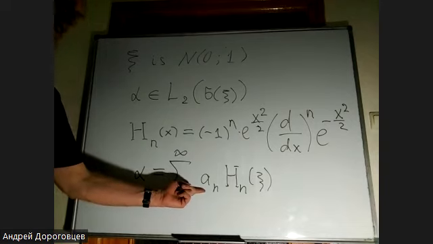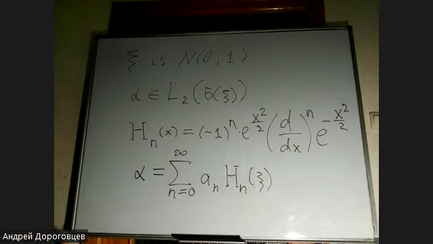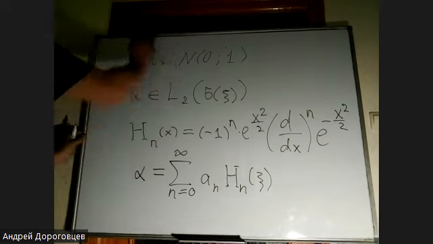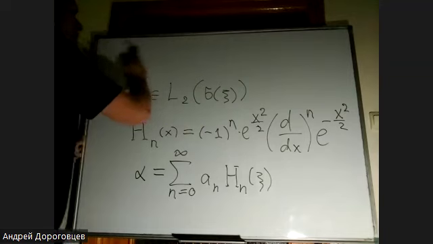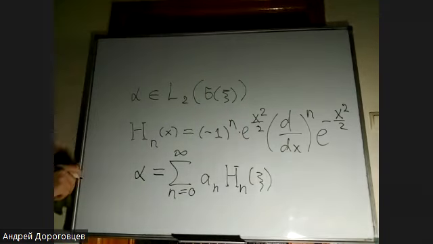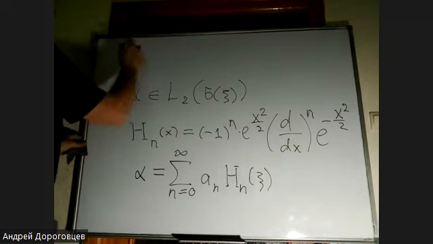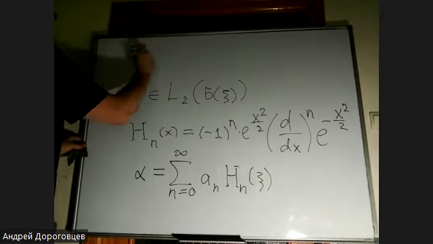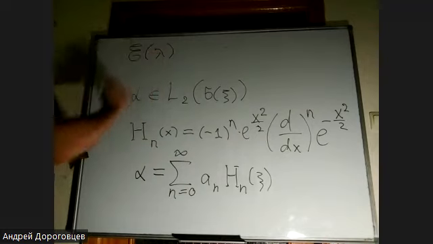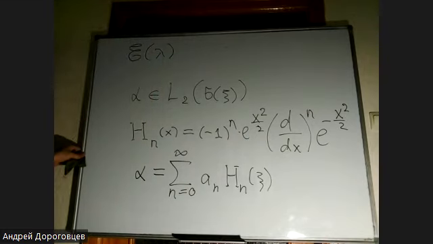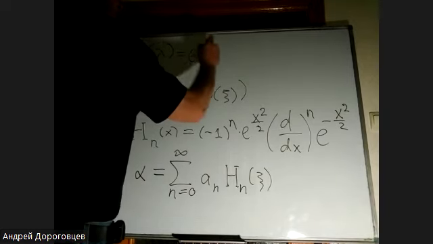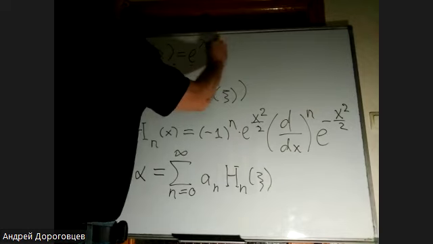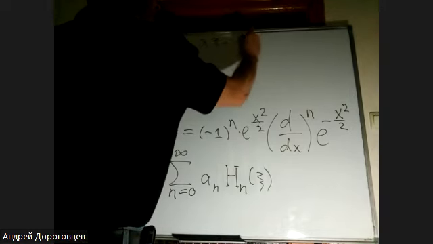In order to understand how to find these coefficients, we introduced a very important and famous object, which is called the stochastic exponent. Namely, we consider a special random variable of such type. This random variable depends in our case on the number lambda and is defined as exponent of lambda psi minus lambda square over 2.